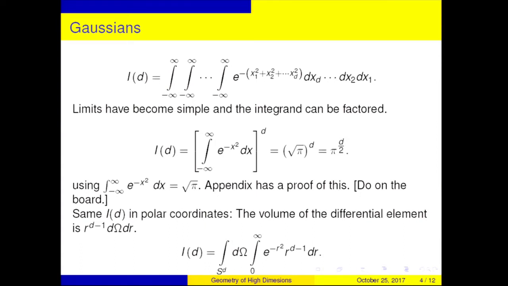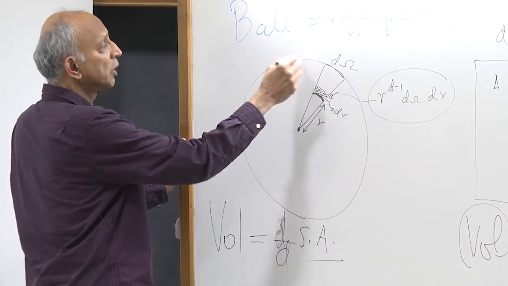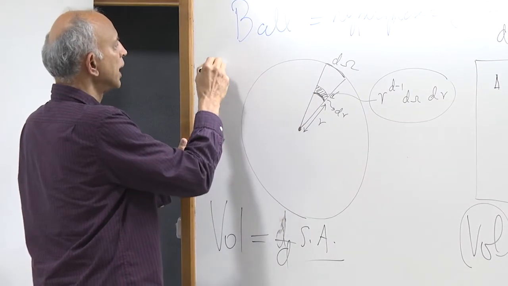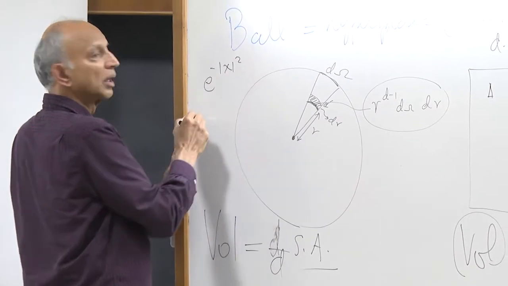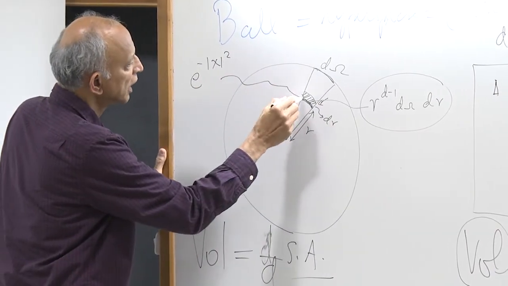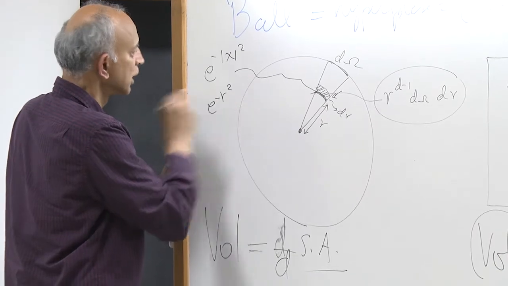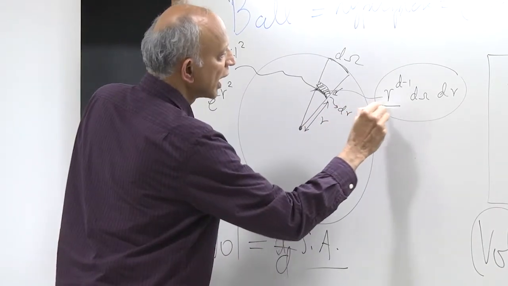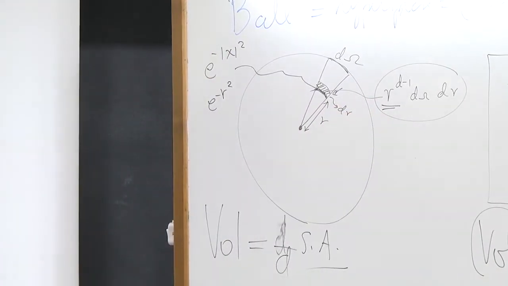So again, it's worth going to that picture. Now instead, I'm trying to integrate e to the minus length of x squared. So that quantity here is e to the minus r squared, and you still have r to the d minus 1.